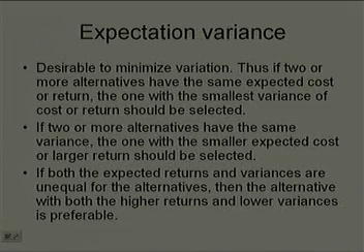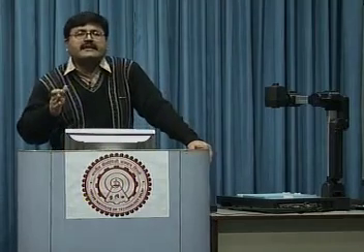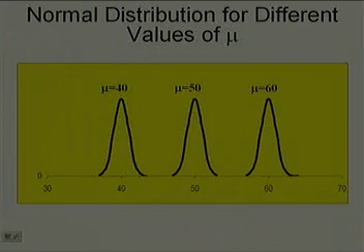Now we are talking of just the reverse situation. I have got the same variance, but the expected cost or the expected return of different alternatives, they vary. So this I can show you with the help of this particular diagram. You can just see this diagram.